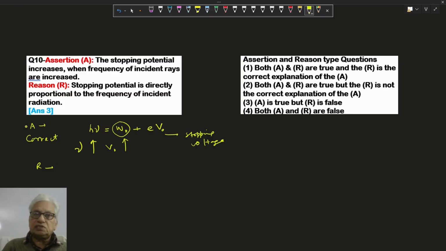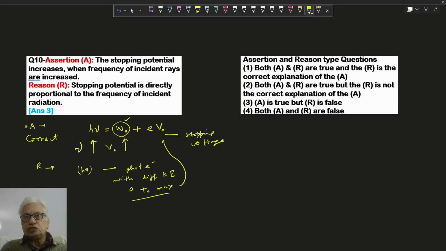Not directly proportional, because the work function is there. The same photon with the same energy can produce photoelectrons with different energy ranging from 0 to max, but stopping voltage means maximum kinetic energy. We are talking about the maximum kinetic energy. It is not directly proportional. So option 3 is correct.